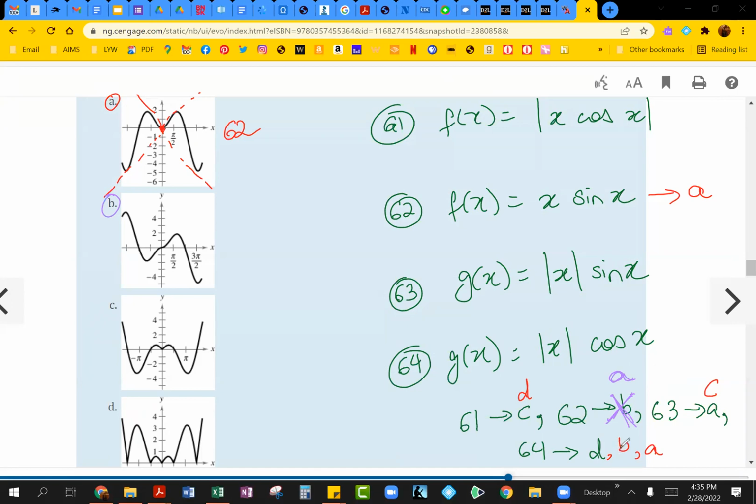If you look at the B graph over here, I know it's kind of hard to see, but you can imagine that this is where the absolute value function is going to be, because part B actually goes with number 63.